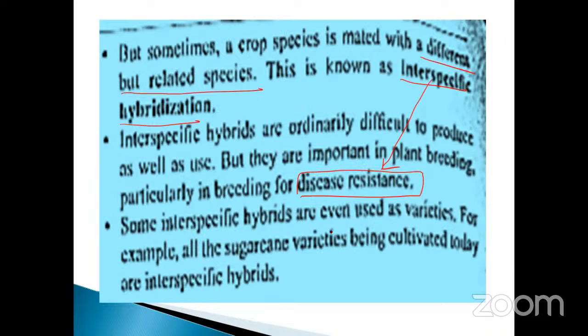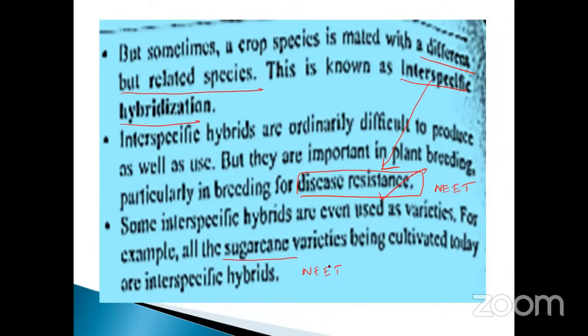Some interspecific hybrids are even used as a variety. For example, all the sugarcane varieties being cultivated today are interspecific hybrids. So take an example of interspecific varieties. Which one is the example? It is also very, very important. NEET. Here also you must note it down. So two things you must note down. Interspecific is just disease resistant only.